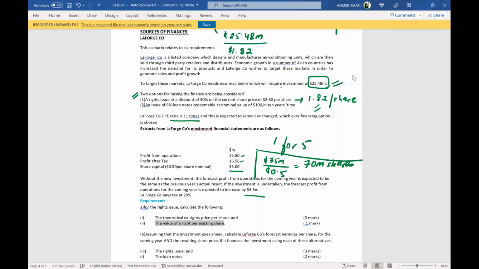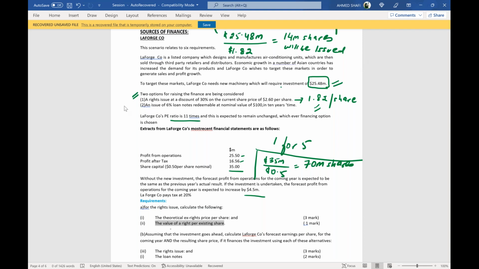So if you are planning to raise 25.48 million and you will issue shares at 1.82, that means 14 million shares will be issued.